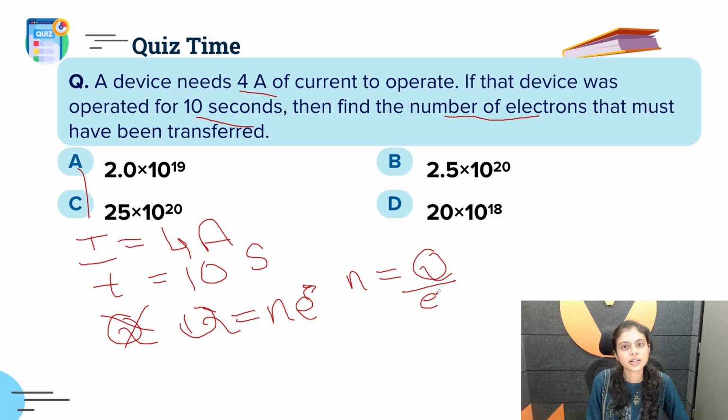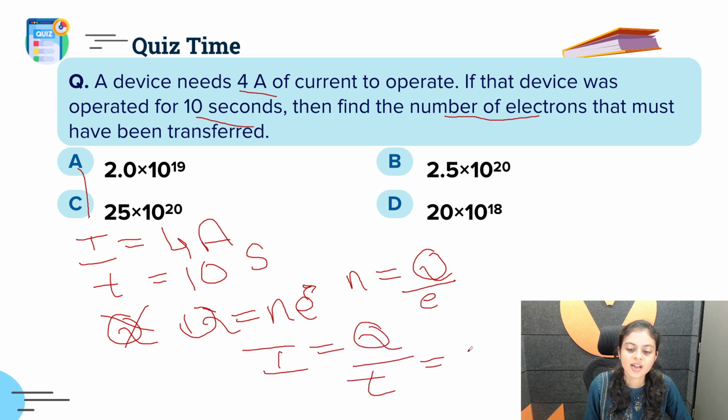Now how will you calculate Q? With our old formula. Which one is it? It's the current formula. I is equal to Q by T. This formula we have already used. So rearrange: Q is equal to I into T. Fine. I is equal to 4 into time 10, so 40 coulomb.